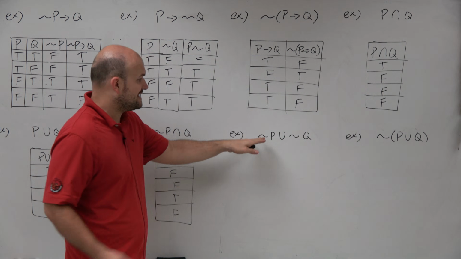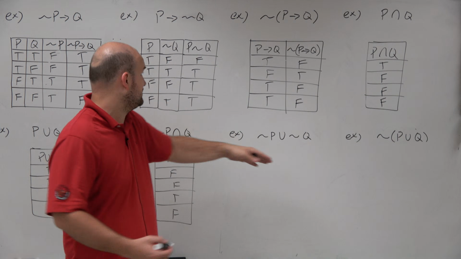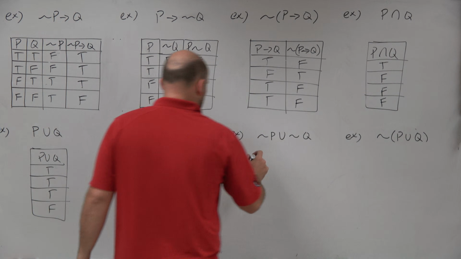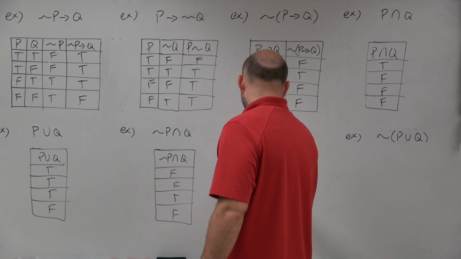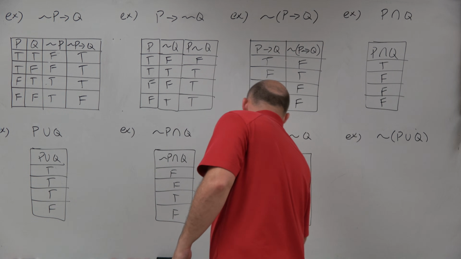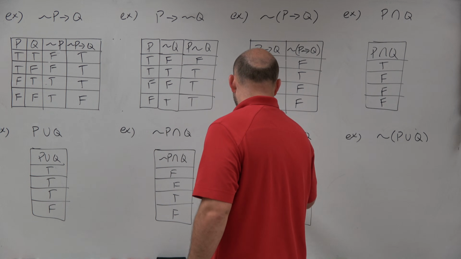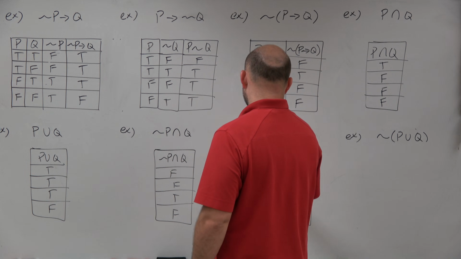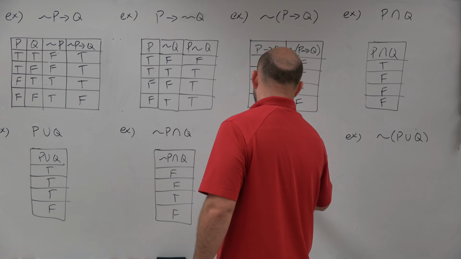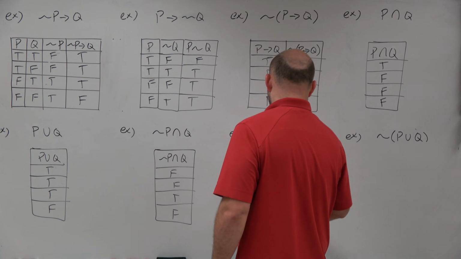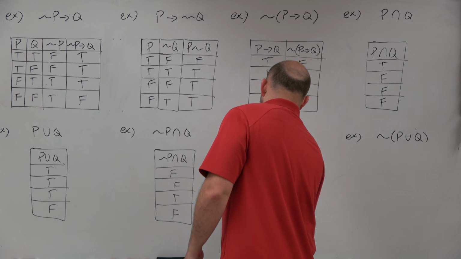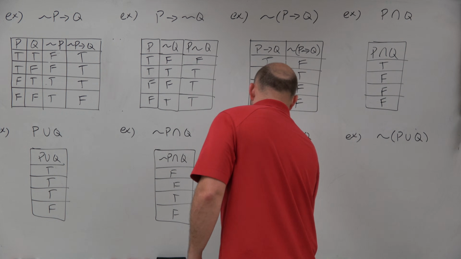Union is going to be when is opposite of P and opposite of Q both going to be there. Now, I don't have a table where they're both there. So it might be helpful to kind of redraw our truth statement again one more time. And let's do opposite of P, opposite of Q, and then opposite of P union opposite of Q. And I'm only doing this for visual effect.